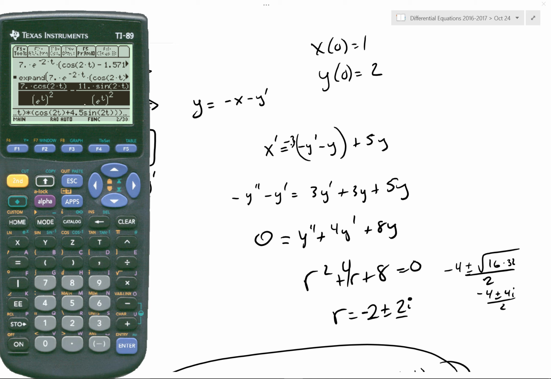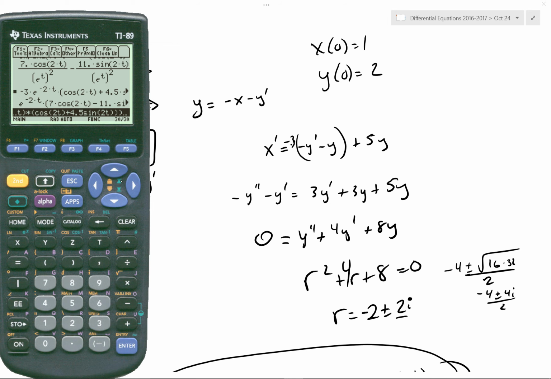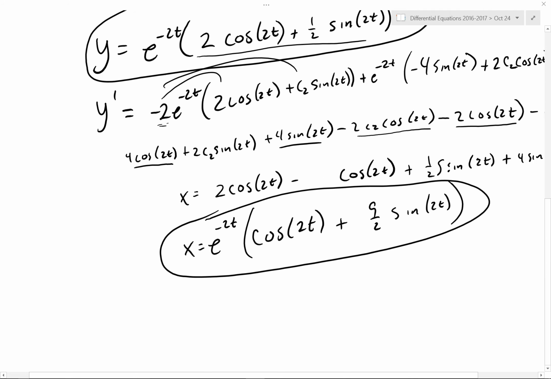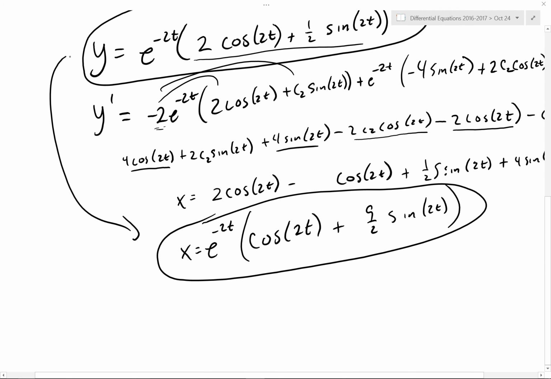Minus 11 sine 2t times e to the minus 2t. Then I took negative 3 times x plus 5 times y, and son of a gun if I didn't get a 7 and a negative 11. Bam! That makes me pretty happy. So what that tells me is these two equations here are the correct solutions.